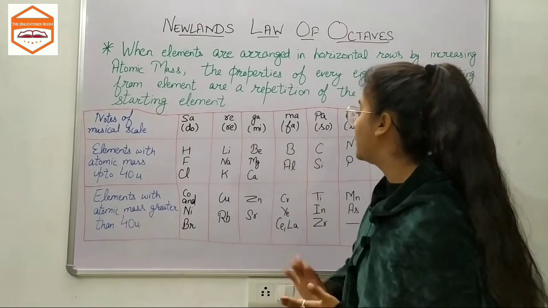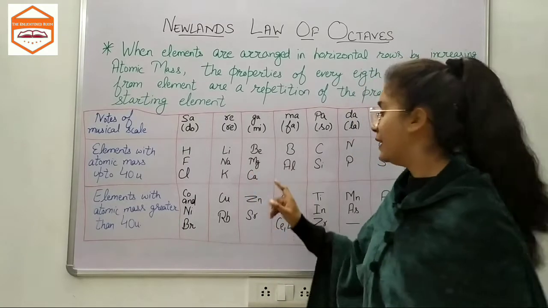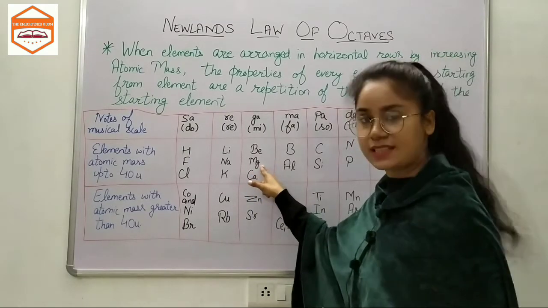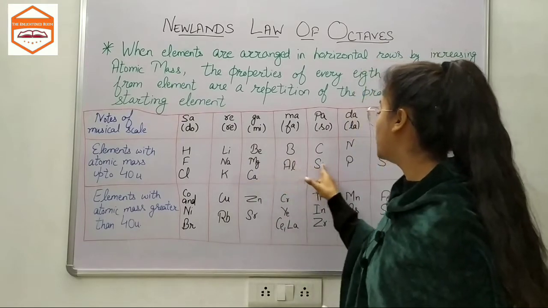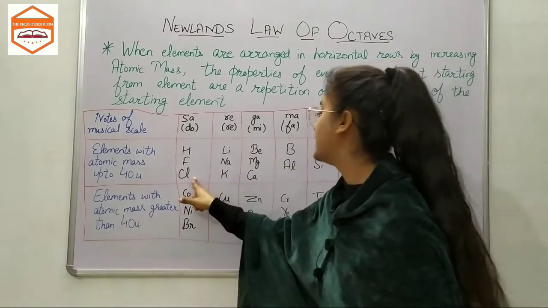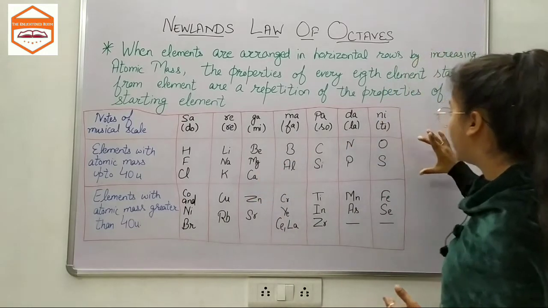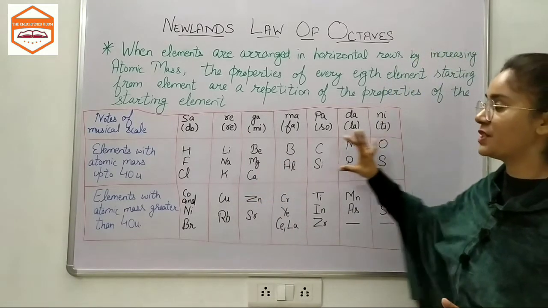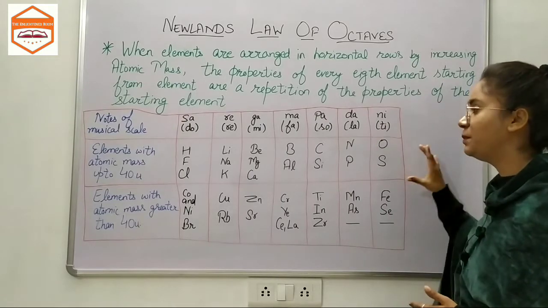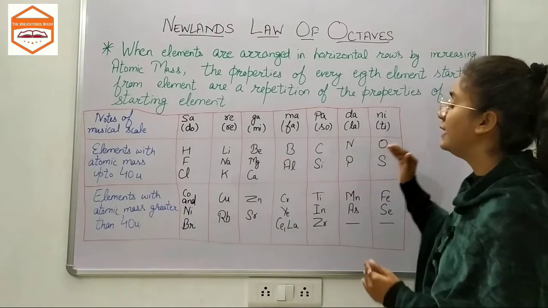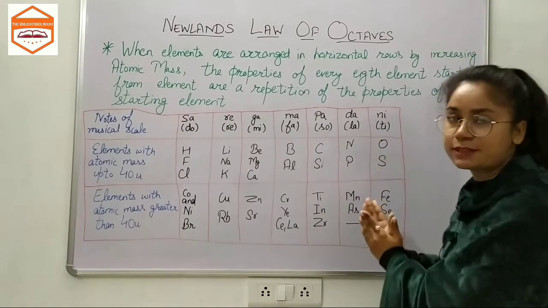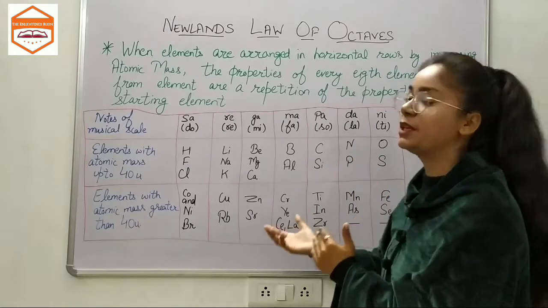You can also start with magnesium here. In magnesium, this is the first element, 2, 3, 4, 5, 6, 7 and 8. So you can see in the upper horizontal row, the elements which are put in the same slot have similar properties.